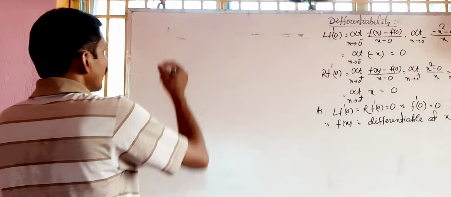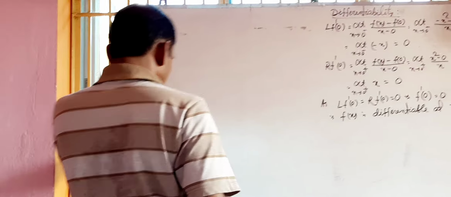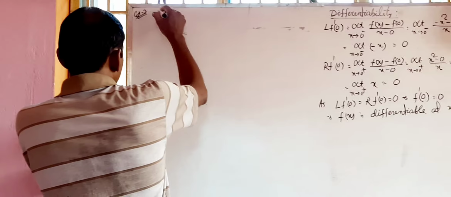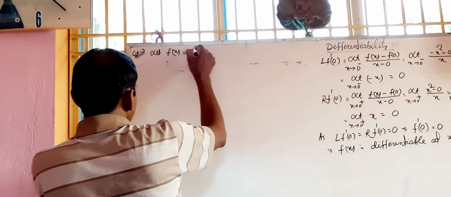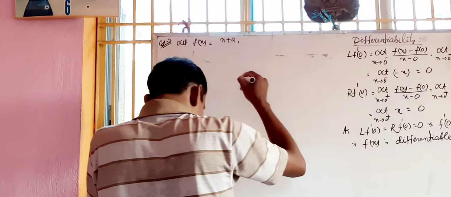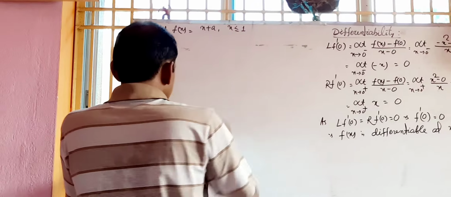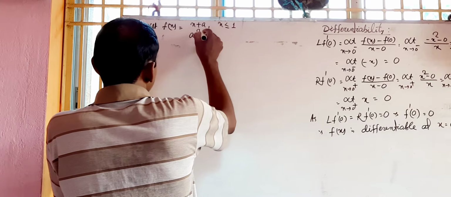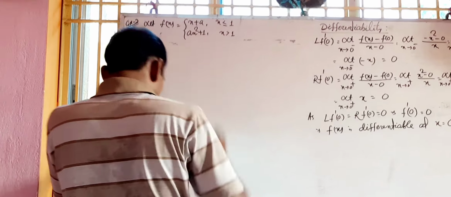Then the next example. The question is: f of x equals x plus a, if x is less than or equal to 1, and ax square plus 1, if x is strictly greater than 1.